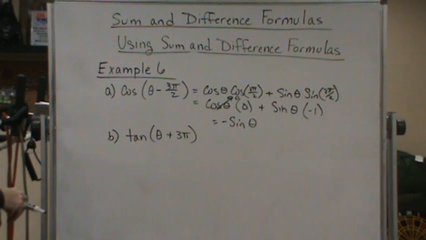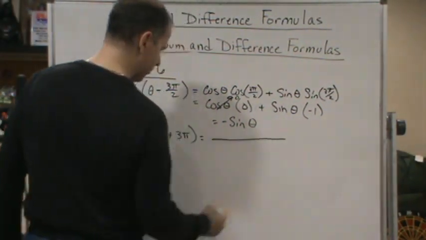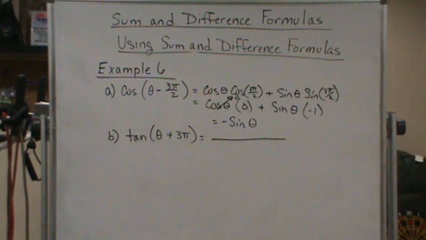Now what about this one? We haven't done anything with tangent, so now we get to use the sum formula for tangent. Here it's a sum, so this is the formula we're going to use. It's going to be a sum on top and a difference on the bottom.